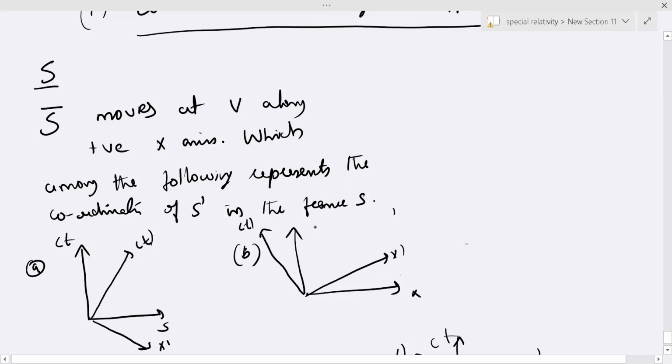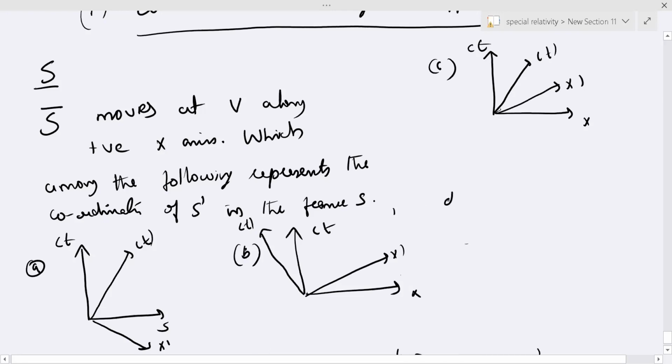This is x and ct. And we have option C, which looks like this. And we also have option D, which looks like this.